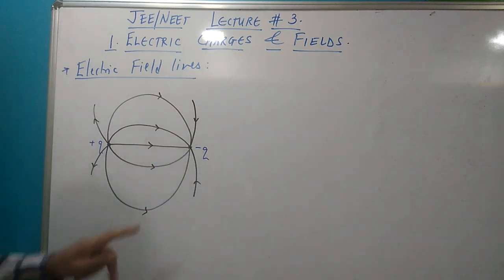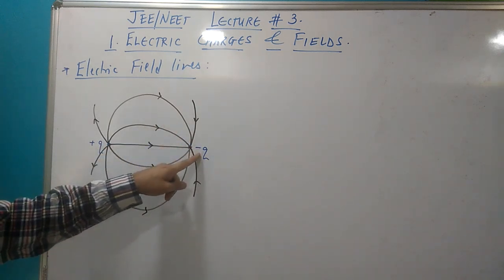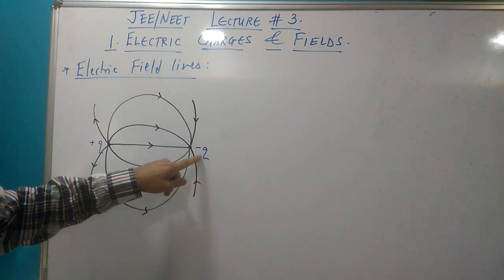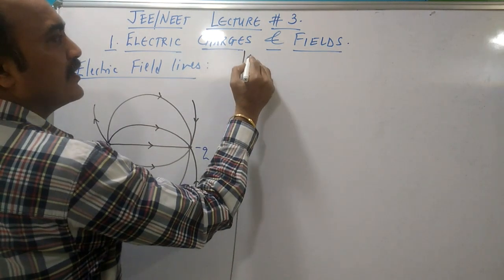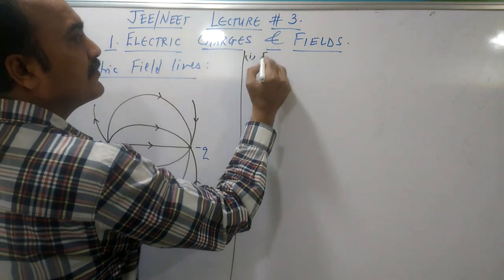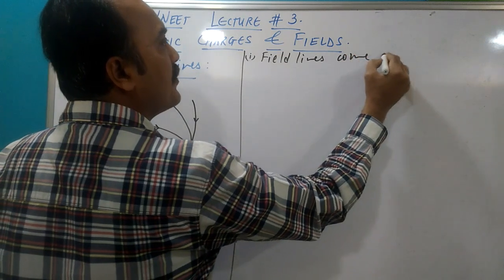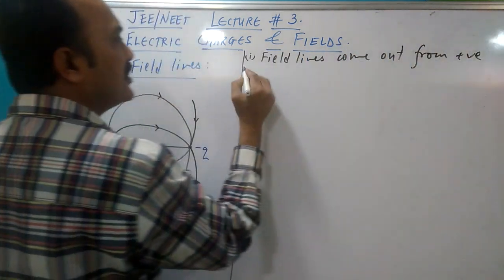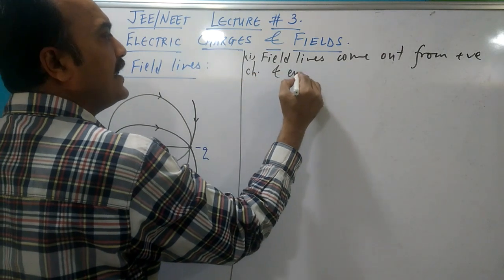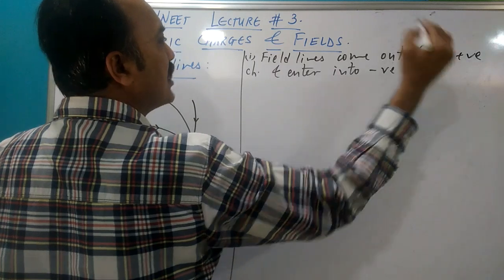In short, they have to come out from plus charge and they have to enter into the negative charge. So that is going to be my first point. First point, electric field lines come out from positive charge and enter into negative charge.